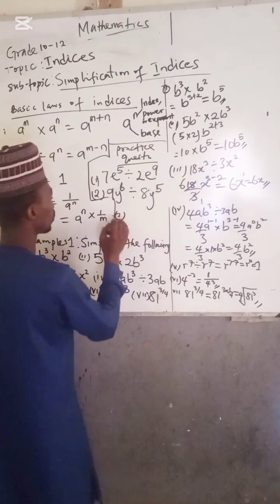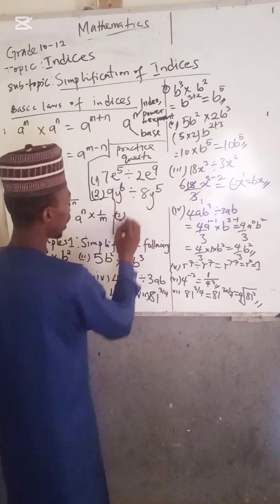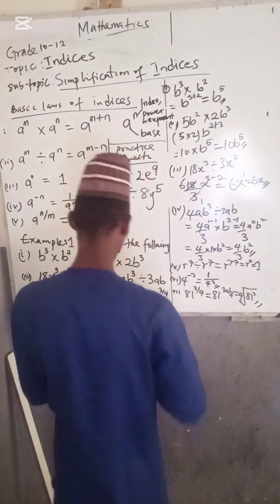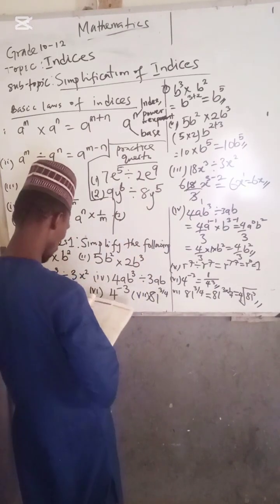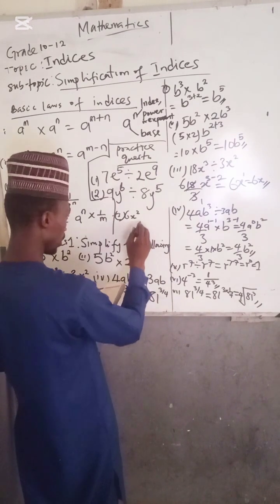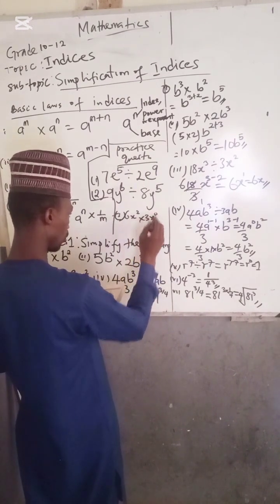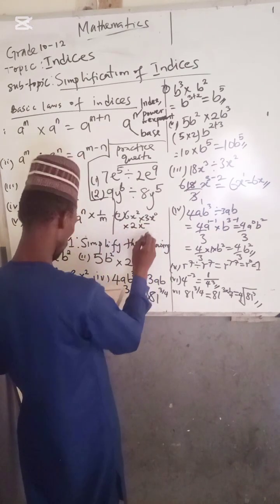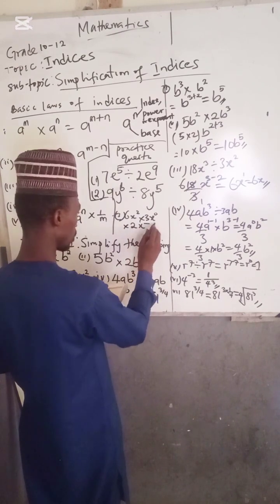Then third one, let's see a question here: 6x squared times 3x to the power 0 times 2x raised to power minus 6.